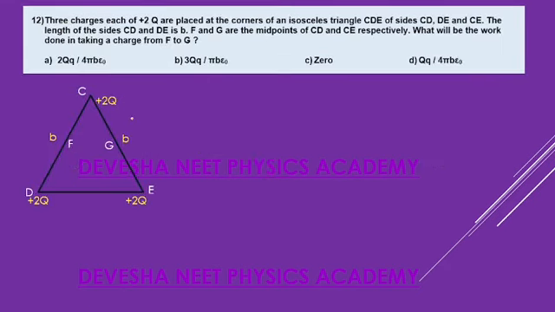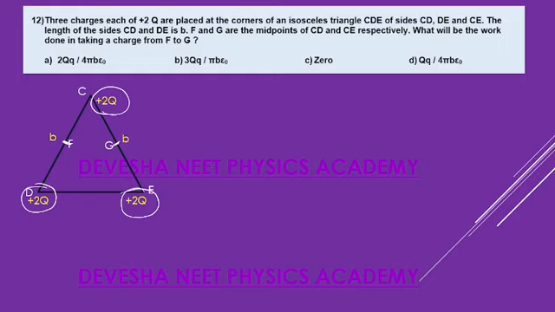In this question, it is given that there are three charges residing at three corners of an isosceles triangle. So one charge is here, the other charge is here, the third charge is here.